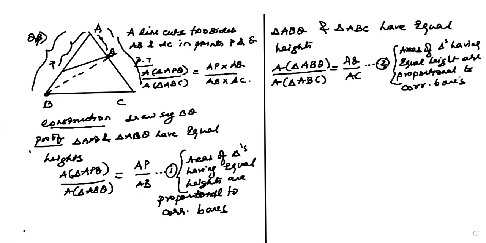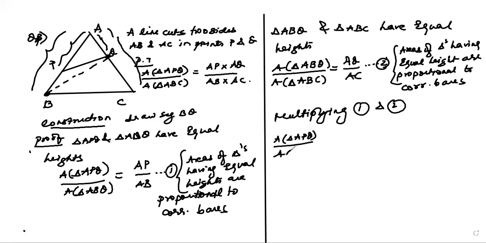So now what am I going to do, children? I'm going to multiply 1 and 2. Area of triangle APQ upon area of triangle ABQ into area of triangle ABQ upon area of triangle ABC. I'm multiplying both the statements.